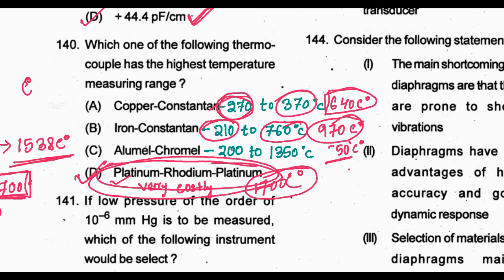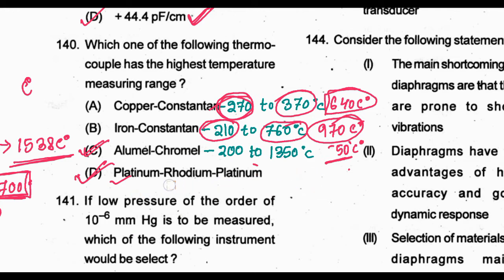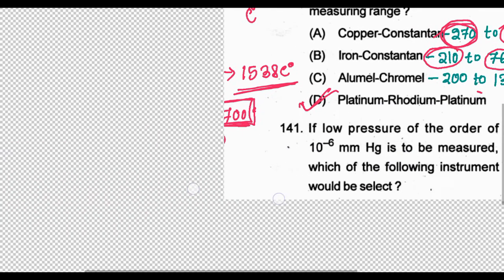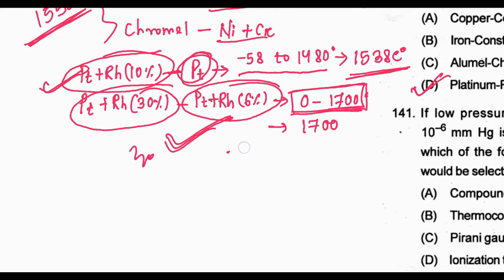Although it is popular, it is very costly. So generally for the 1400 degree Celsius range we use alumel chromel. But the question is asking for the maximum range. Here the maximum range will be platinum rhodium platinum, with this composition of 30% and 6% on both sides.